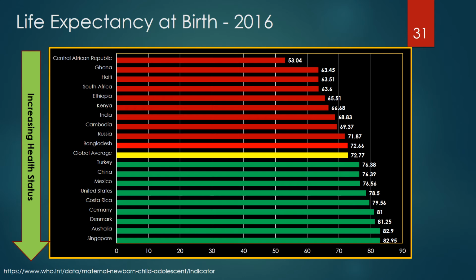Countries with the highest life expectancy at birth on this graph, indicating a higher level of health status, include Singapore, Australia, Denmark, and Germany. The United States, indicated by the yellow arrow, is above the global average for life expectancy at birth at 78.5 years, but is not even in the top 5 of this list.